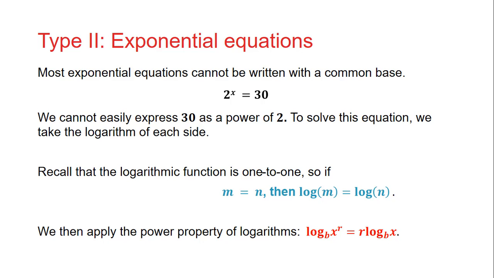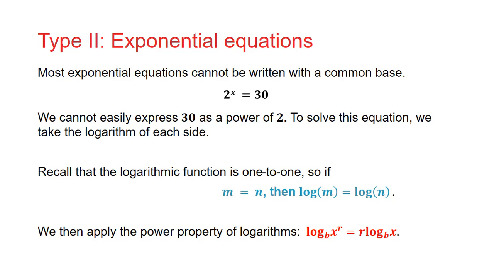Now type 2 exponential equations are equations that cannot be written with a common base, something like 2 to the x equals 30. Well, we cannot easily express 30 as a power of 2. So to solve this equation, we will take the logarithm of each side. Recall that a logarithmic function is 1 to 1, which means that if two expressions are equal, m equals n, then the log of m is equal to the log of n.